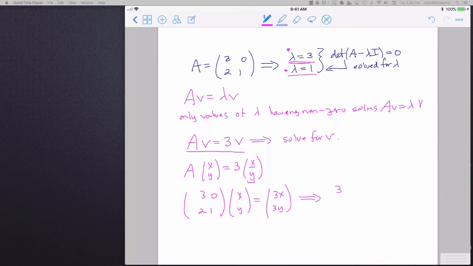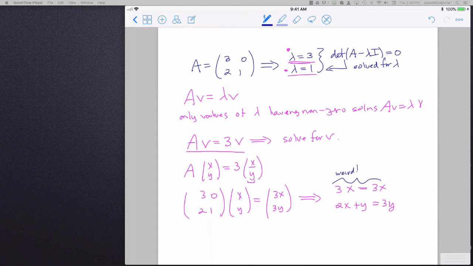This leads you to 3x equal to 3x, and 2x plus y equal to 3y. Now remember, we're going to have non-zero solutions. You're always going to have something weird happen here, and it's this first equation that seems kind of weird: 3x is equal to 3x.